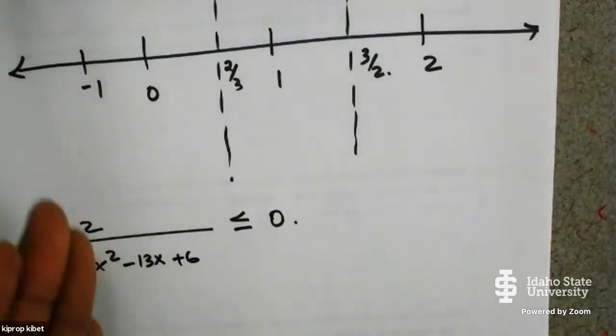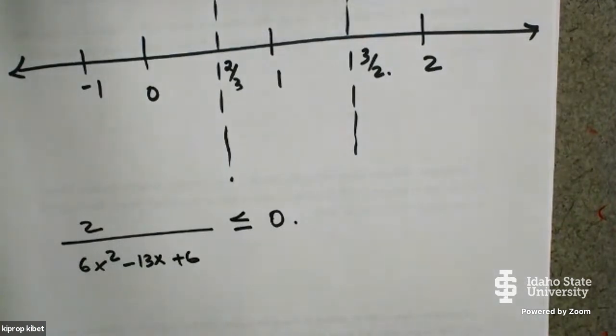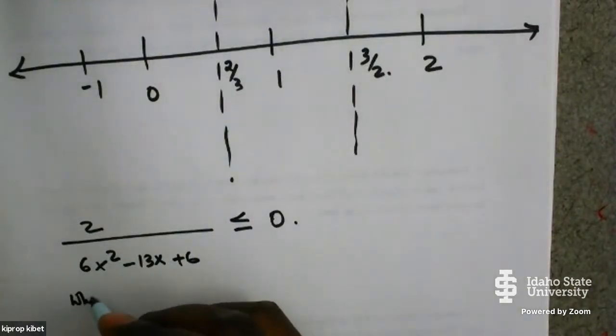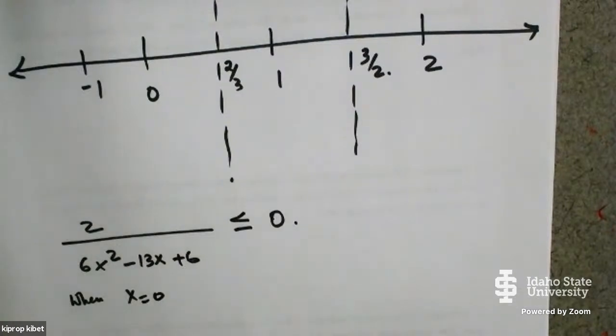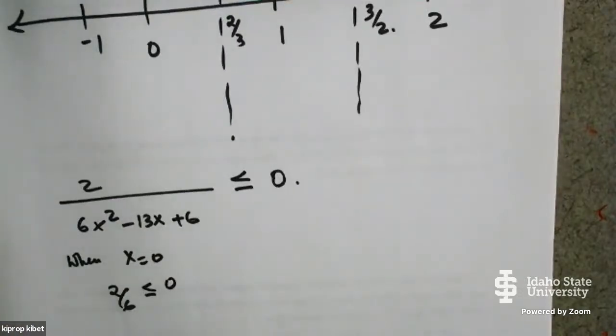Now we start from the left, okay? You can put any value, so you can put the easiest one, when x equals 0. What will this be? It will be 6. Is 6 less than or equal to 0?